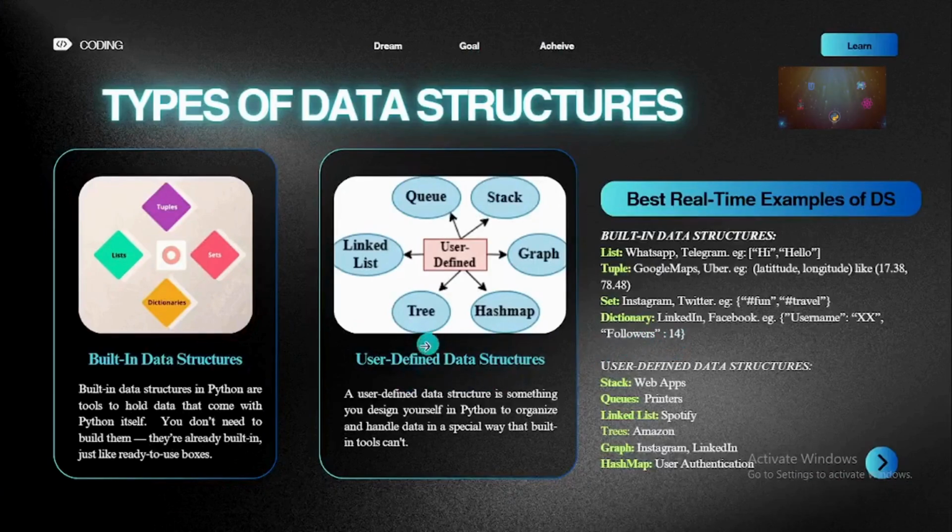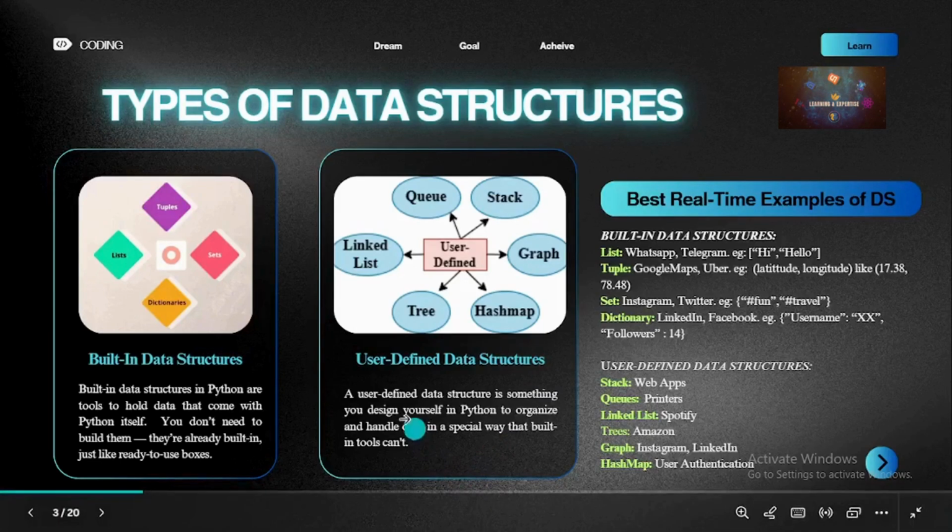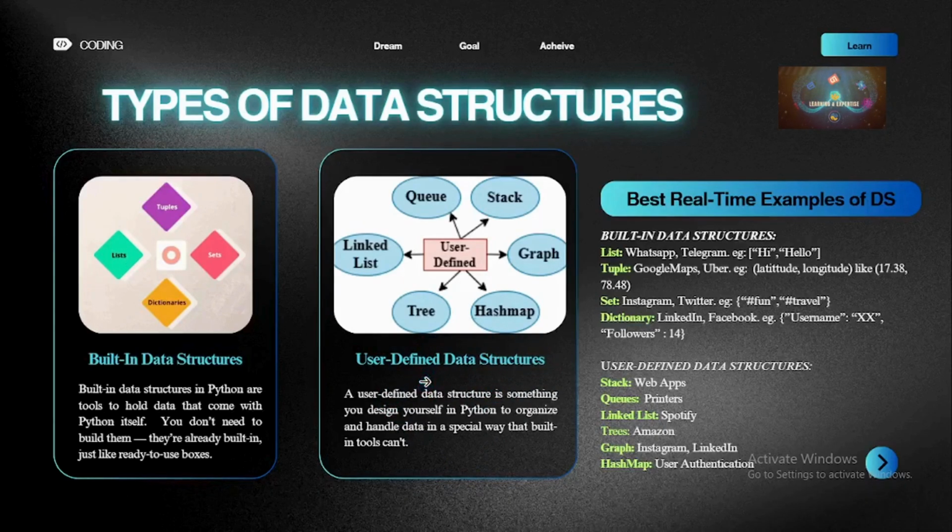So that is about the user defined data structure, where the user will specify the structure. It means first my structure needs to take the name and then the roll number. That type of structure will be handled by user defined data structures, which are not handled by the built-in data structures in Python.